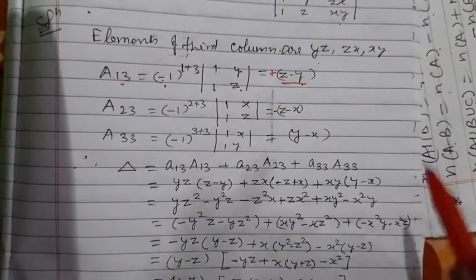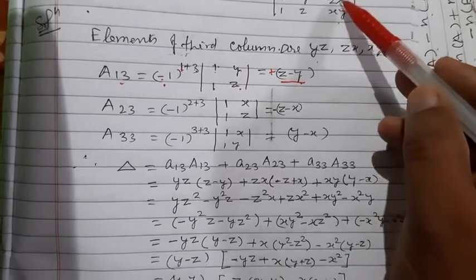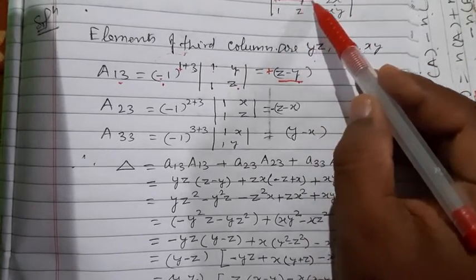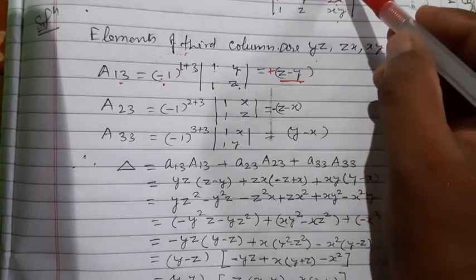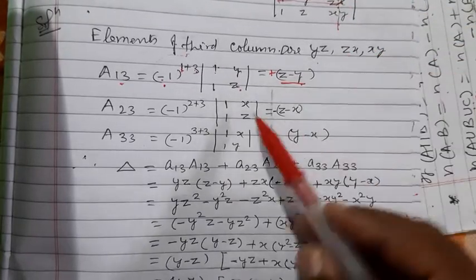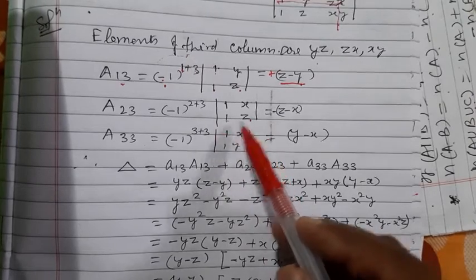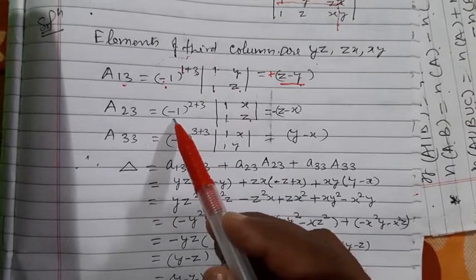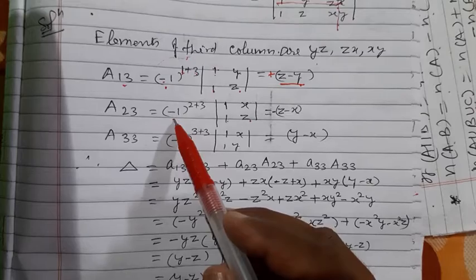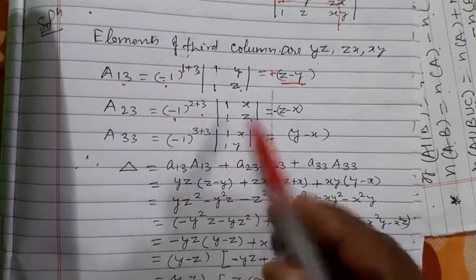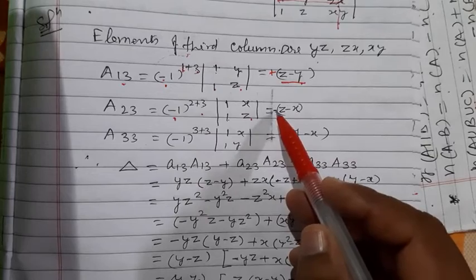सिमिलरली A23 निकालेंगे तो दिस इज द ZX, ZX से करस्पॉन्ड लेके चलना है, यानी ZX वाली रो और ये कॉलम डिलीट होगा. तो बचेगा 1 x, 1 z और इसके अकॉर्डिंग इंडेक्स लेके चलेंगे A23. तो माइनस 1 पावर 2 + 3 आएगा, और माइनस पावर 2 + 3 दिया तो दैट विल बी साइन नेगेटिव.